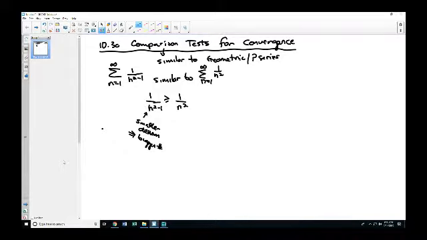If this converges, correct? It's a p-series. We can say nothing about that one because it's smaller. There's no conclusion here.